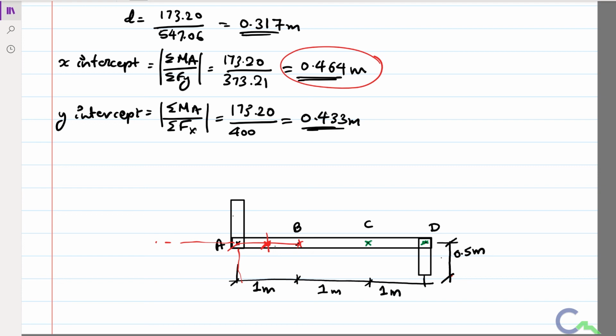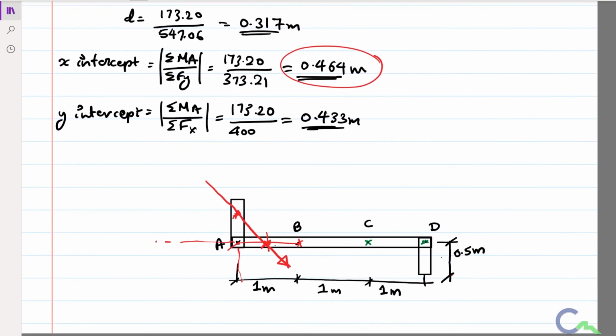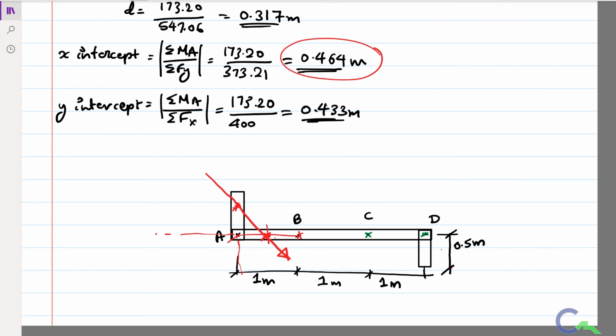In y direction 0.433, maybe somewhere here. If I join those 2 points, if I draw like this, it is going to satisfy the coordinate. Also about A, if I apply this force, it is going to rotate in clockwise direction.